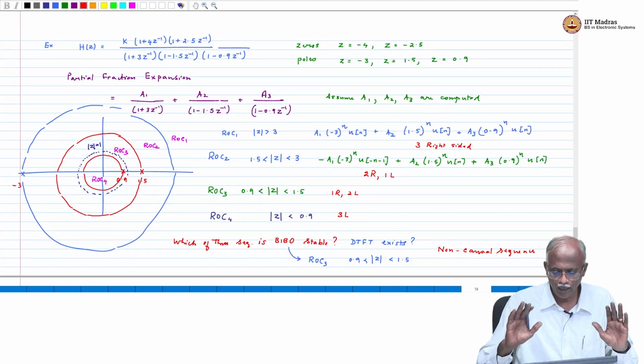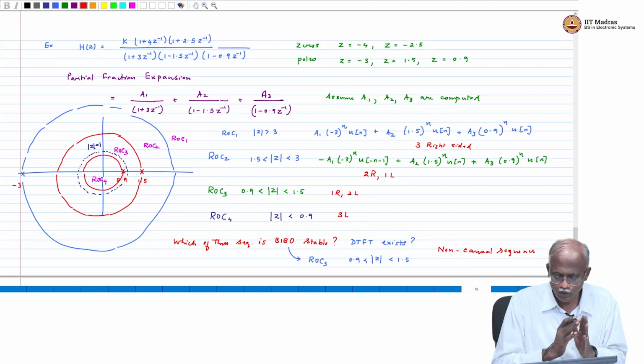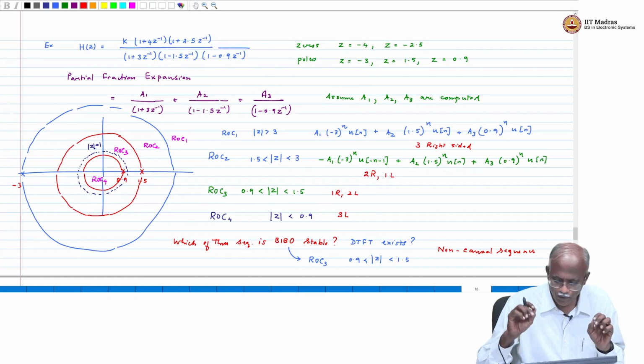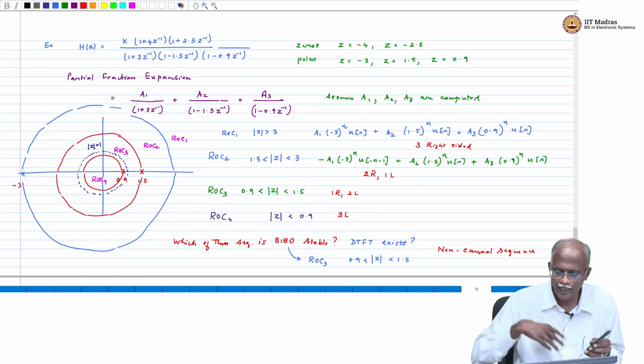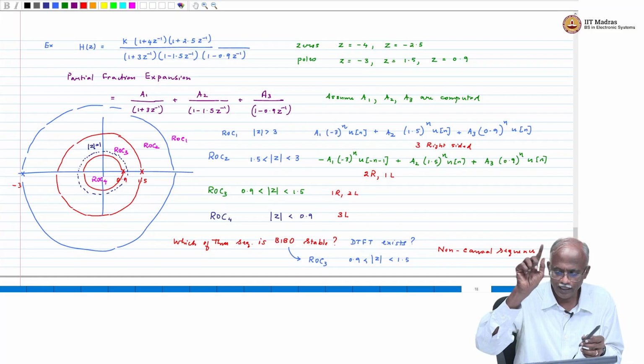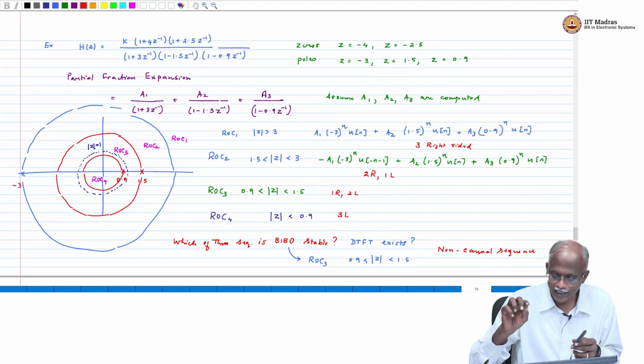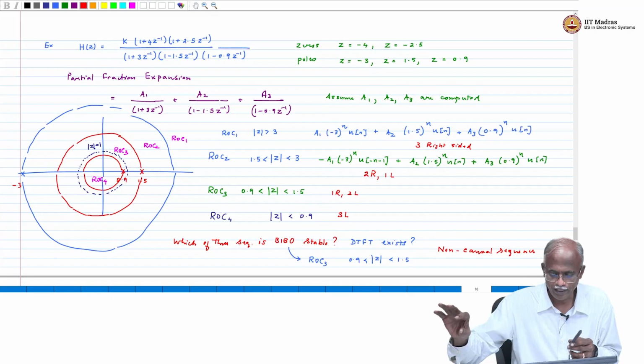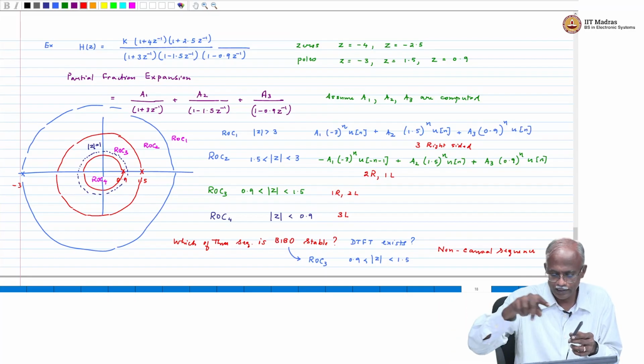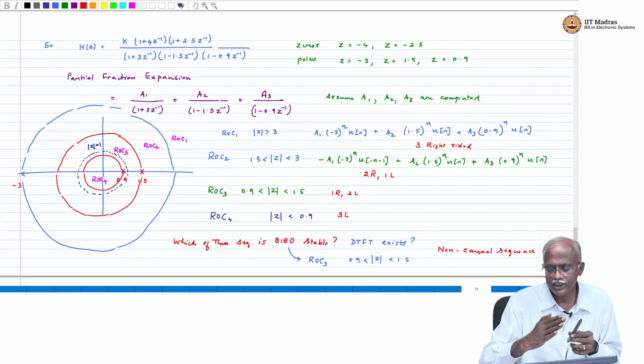I hope you have had time to think about it. Please do think about it, apply several concepts. First one is to say that ROC depends only on the poles. The zeros don't matter. So we take the poles, do a partial fraction expansion. From the location of the poles, we can get these concentric circles, and then you decide how many ROCs there are.